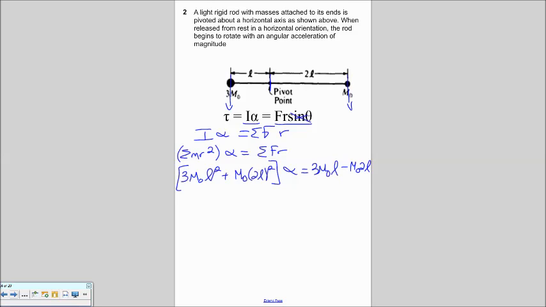On the left-hand side, I've got 7 m naught L squared, it's 7 because remember that 2 is squared, times alpha equals 1 m naught L. Cancel out what can. Got an m naught on both sides, got an L on both sides. You end up with 7L alpha equals 1. Divide by 7L. Alpha is equal to 1 over 7L. Nothing too bad.